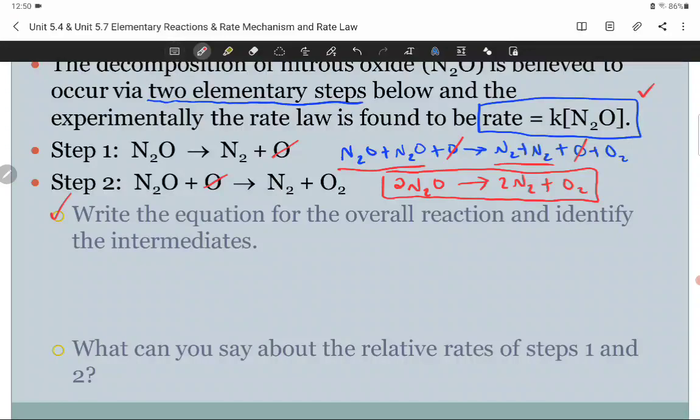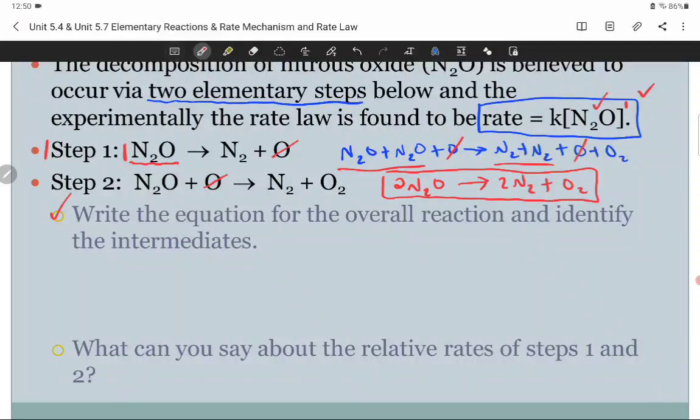So we have N2O. Do we have a step that has N2O and only N2O? We do. So right now we like step 1 as the rate determining step, the slowest step. And then what is the power, the order of reaction, for that rate law? It's a 1.